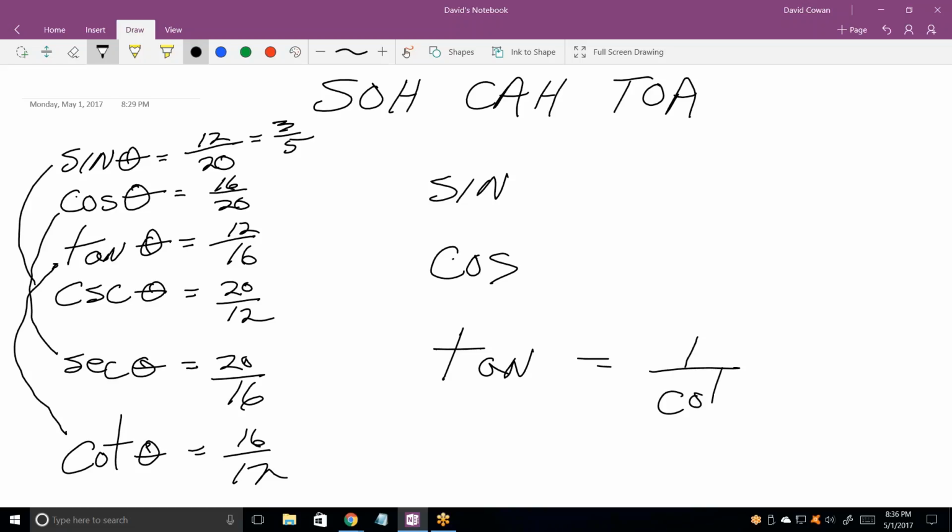That's easy. Nobody's ever going to forget that. The things that people forget are, does the secant go with sine or does it go with cosine? Well, it goes with cosine, which leaves the cosecant to go with sine. And notice that that's an S and a C, and that's a C and an S. So if you make a mistake and put cosecant with cosine, you're going to have two C's.